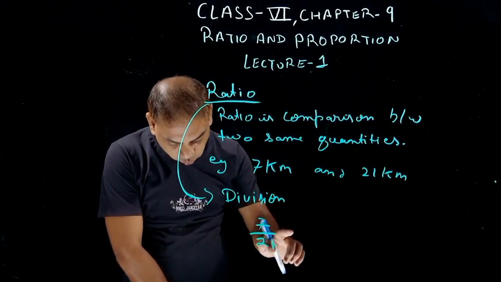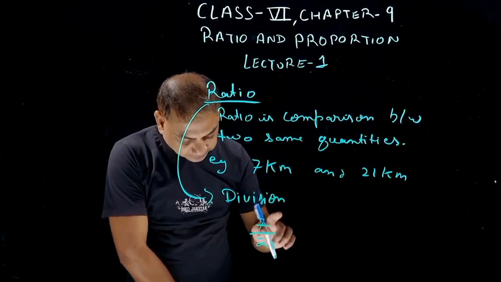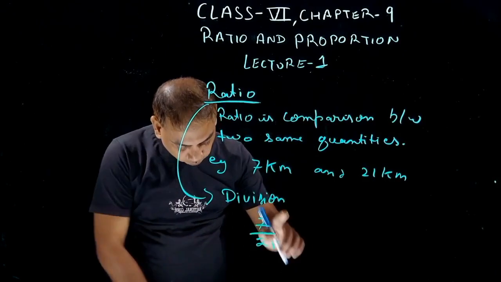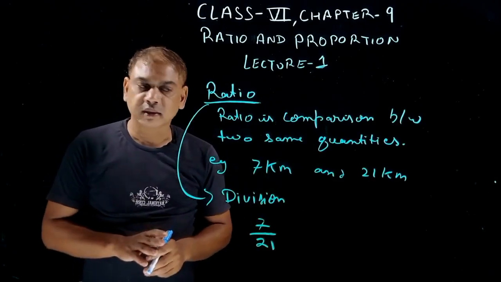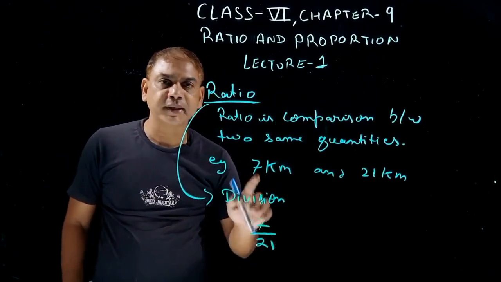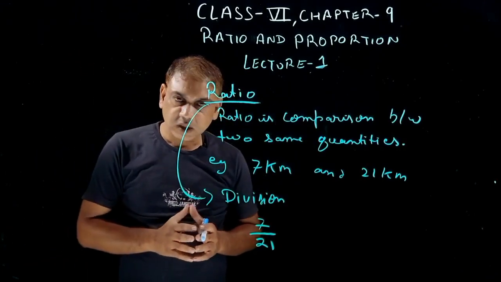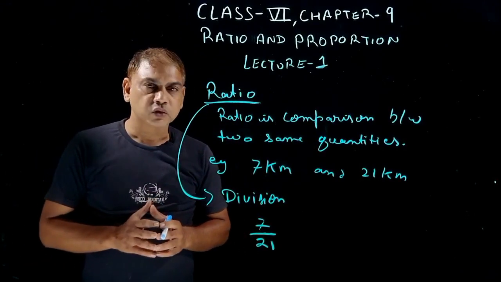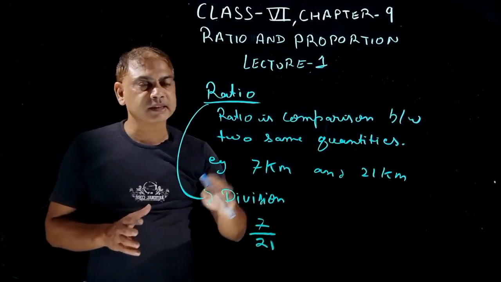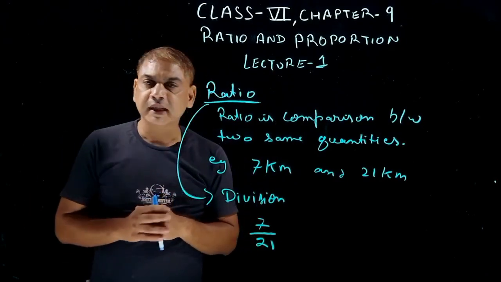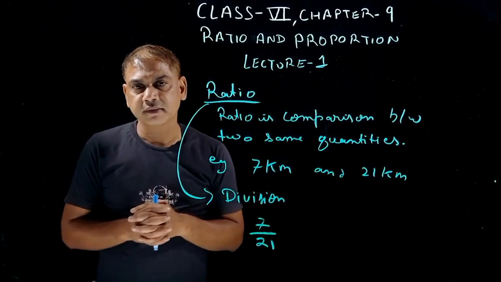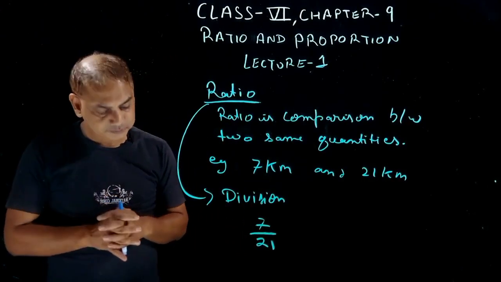The ratio of the two quantities in the same unit is a fraction of one quantity to the other, right? So this is the ratio, students. Clear? Is it okay? So what is ratio? Ratio means comparison between two quantities and it is a division. Okay?